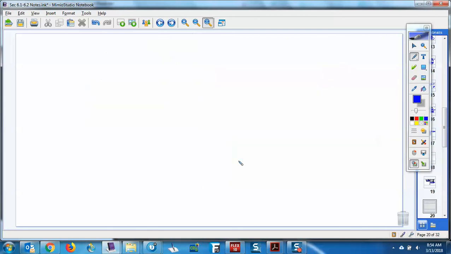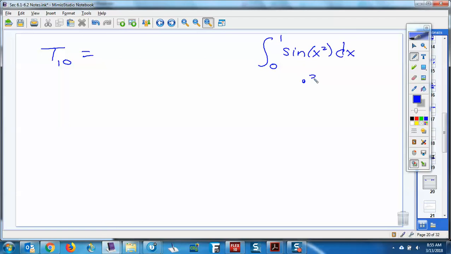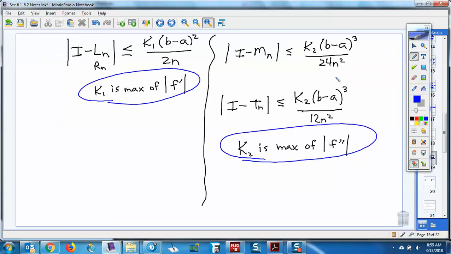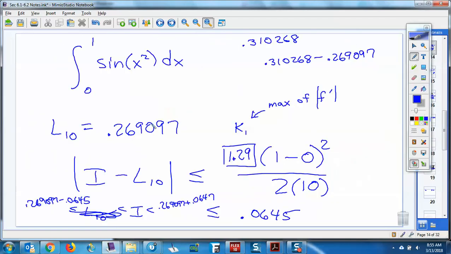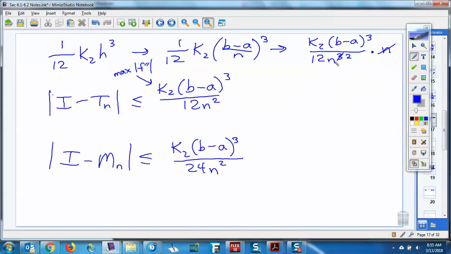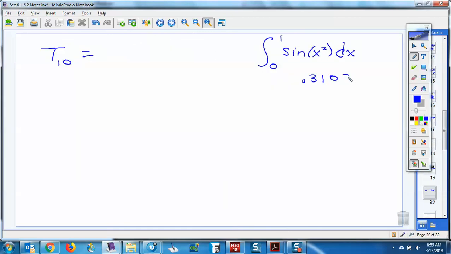So let's say we're going to take T10 for that same integral, 0 to 1, sine of x squared dx. We know the right answer was 0.310268.